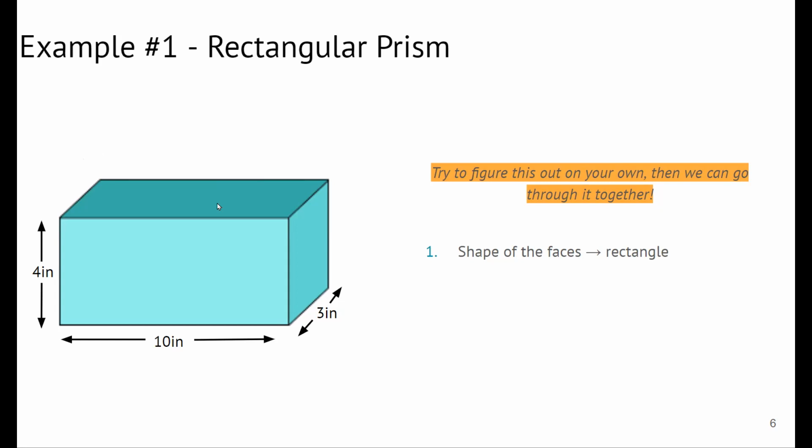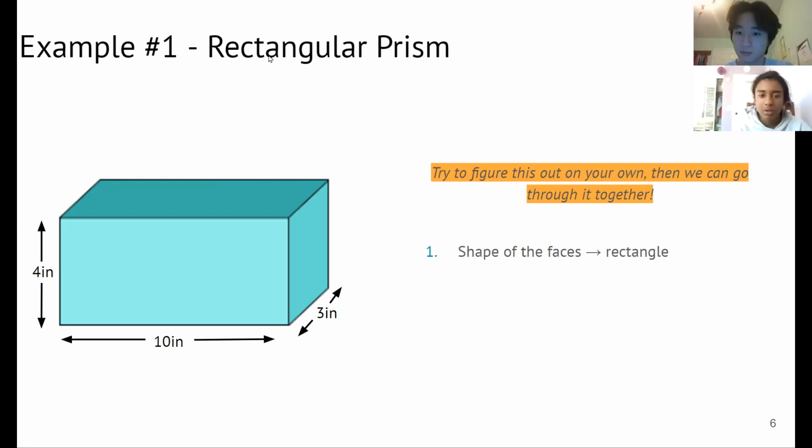4 times 10, and we get 40 inches, and there are 2 of these. There's one here facing us, and then there's one directly opposite on the other side of the rectangular prism. And then face shape 3 is 3 times 10. When we multiply that, we get 30, and we know that there are 2 of them.